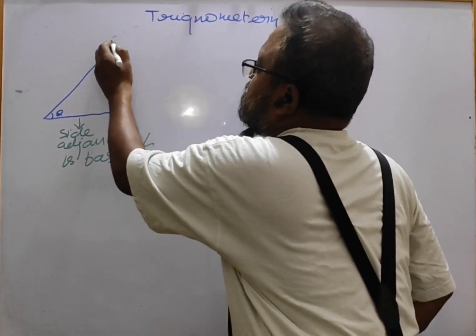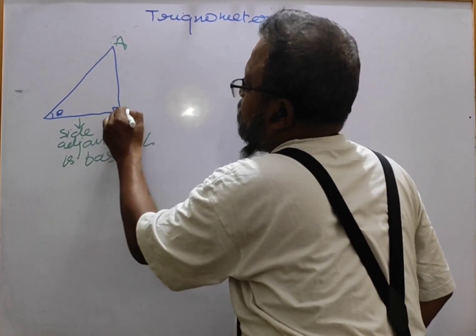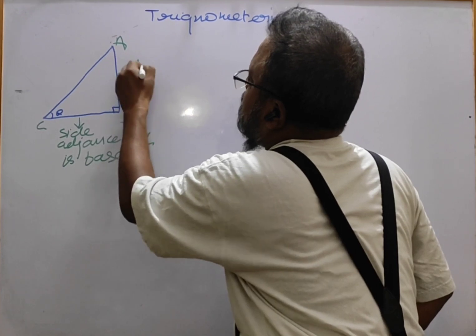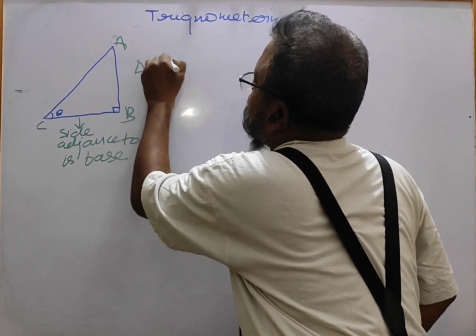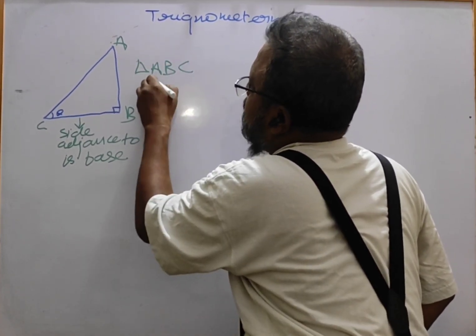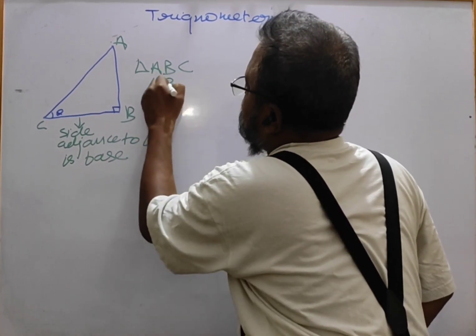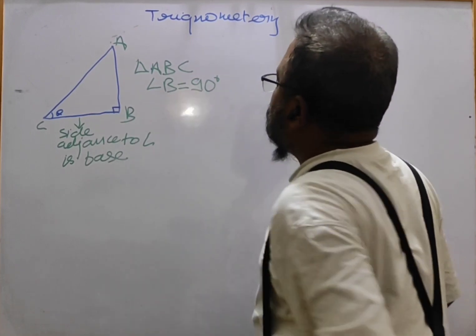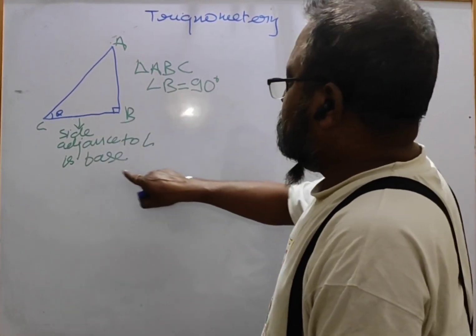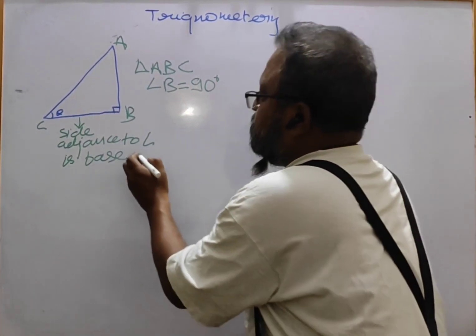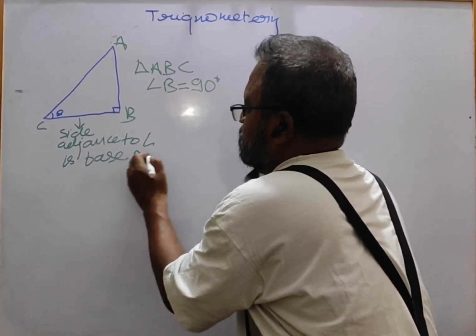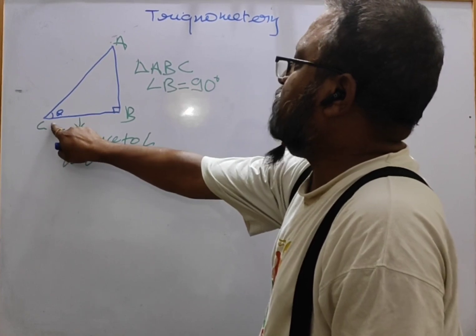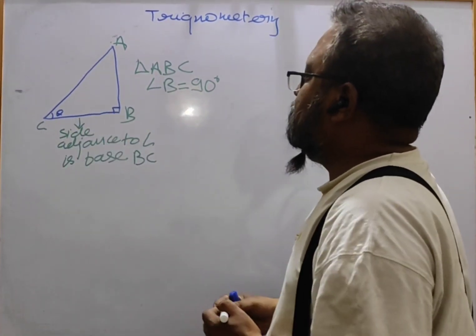So if I say this is A, B and C, मतलब triangle ABC, right angle at B, that is of 90 degree, therefore the base is BC, right? So it is adjacent to angle theta, right?